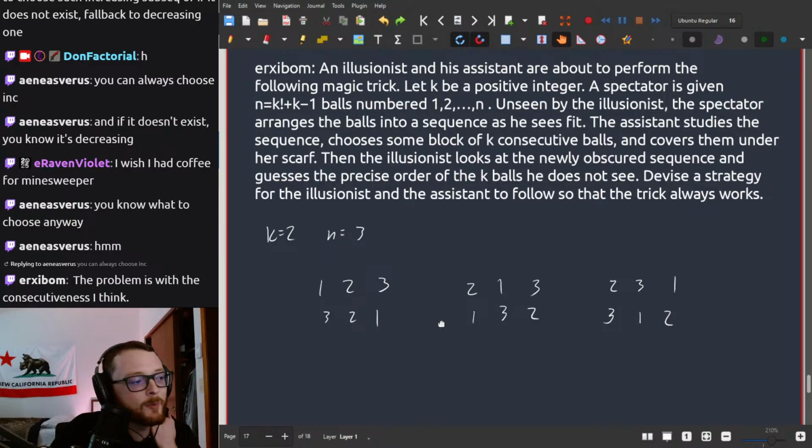I wonder if we don't have to be married to increasing and decreasing. Is it possible there's some other way that we can communicate the order of a sequence? It's kind of hard.